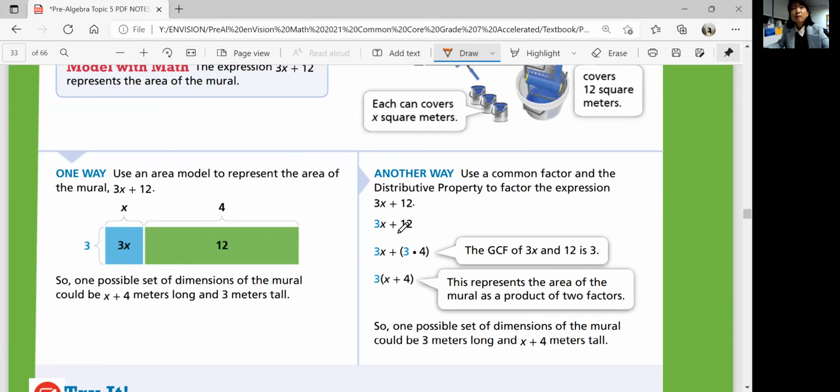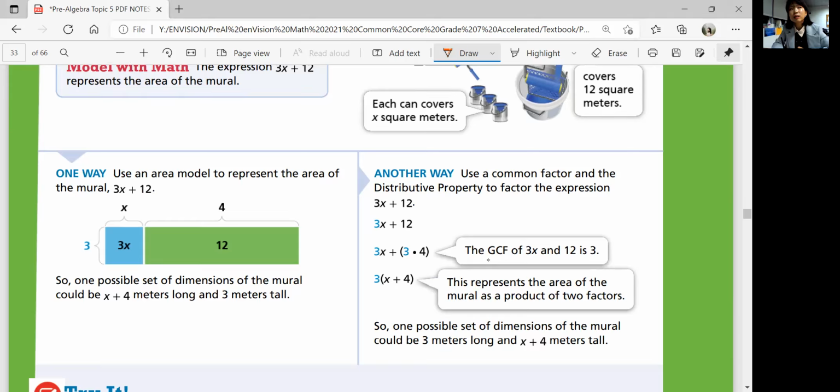Another way, you can use common factor. 3x plus 12, you can use distributive property backwards and say, oh, the coefficients will have 3 as greatest common factor. And I'm gonna factor that out and use parentheses to write another equivalent expression.